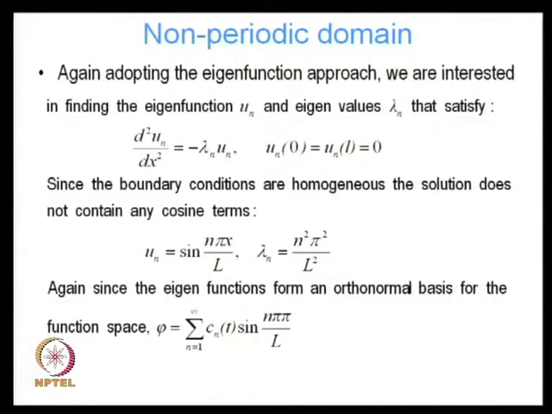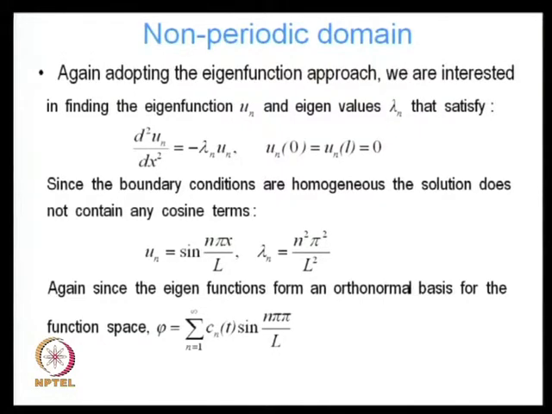Again, we are going to adopt the eigenfunction approach. We are interested in phi. This is my linear operator L u, and I want to find the eigenvalues and eigenfunctions of this operator. So, I solve d2 u n by dx square equals lambda n u n, where u n are the eigenfunctions and lambda n are the eigenvalues, subject to these boundary conditions, which are identical to the boundary conditions on phi, because the boundary conditions on phi are homogeneous.